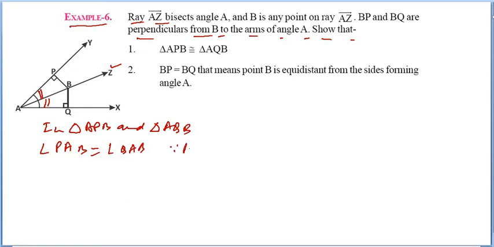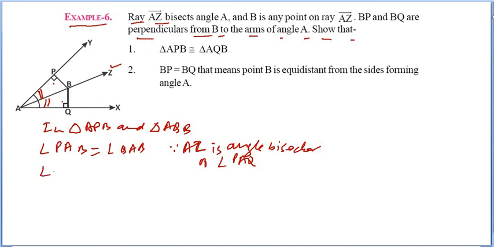Because AZ is the angle bisector of angle PAQ. That's why it is equal. Now angle is 90 degrees, so that is equal.